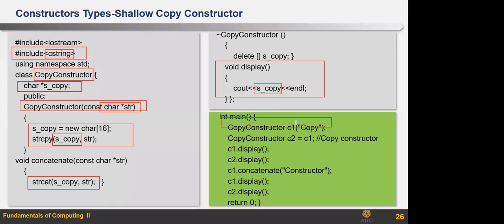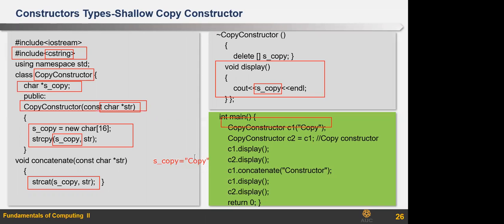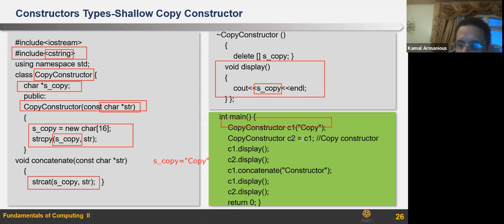It's assigning the word copy to s_copy. Okay. So s_copy will have the value of copy. Then copy constructor C2 equals C1.